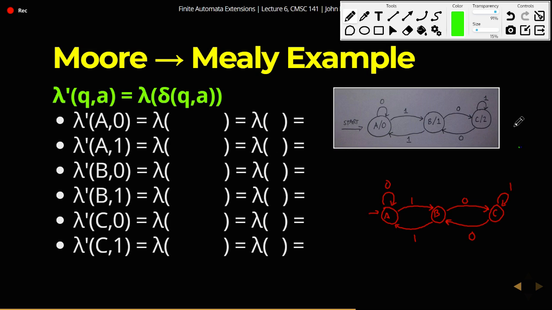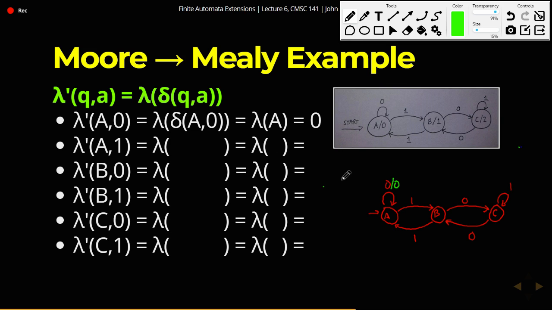So for A on 0, where will A on 0 go? It will still stay in A, right? So the output of A is 0, so the transition output here is also 0.